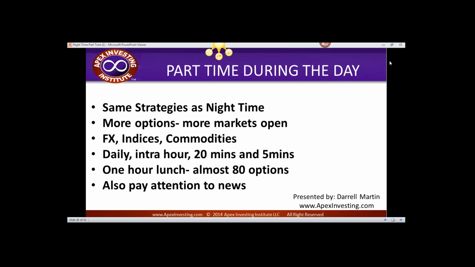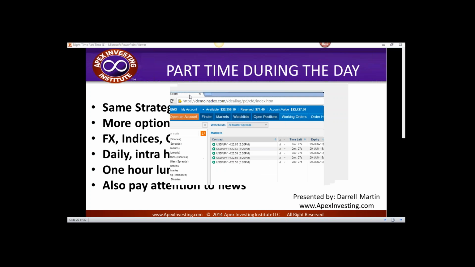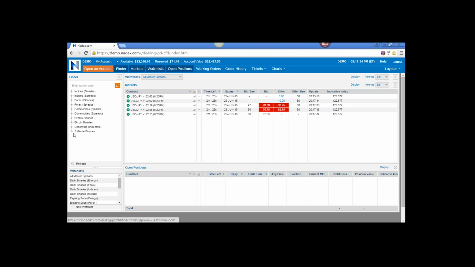On the Nadex platform here, those are the only markets they're offered on, nothing else. 20-minute binaries, we're not going to see them now because they're not open. They're only open during the day. They're only on these bottom 4 US stock indices.